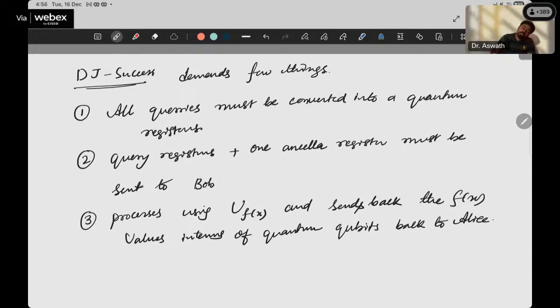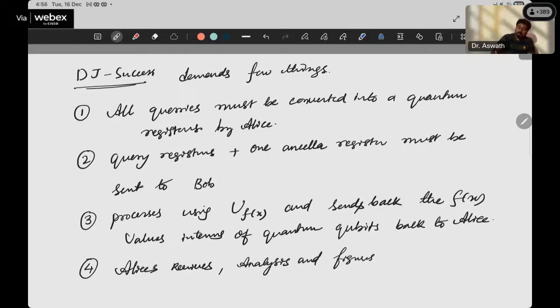All queries must be connected to quantum registers by Alice. Now, in the last stage, Alice receives whatever is sent, analyzes it, and figures out the f of x nature in one query.